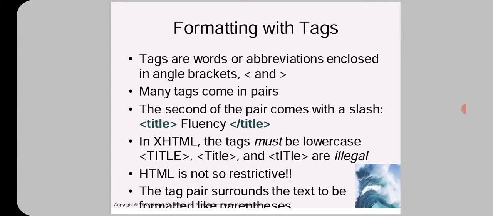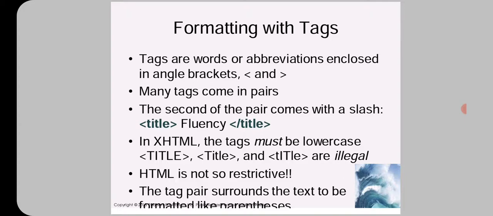Tags are words or abbreviations enclosed in angle brackets. Generally all the HTML tags are written in between two angle brackets. Many tags come in pairs. As we discussed in the previous class, HTML tags are of two types: singular tags and double tags.